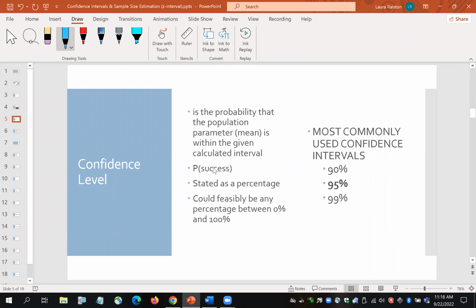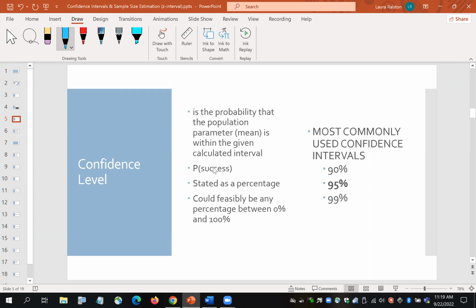But typically you want your confidence to be, quote, high, because you want to make sure that you're correct. And so normally you'll see higher percentages for the confidence level. Some of the most commonly used are 90%, 95%, and 99%. Of those three, 95% is probably the most popular or the most often used.